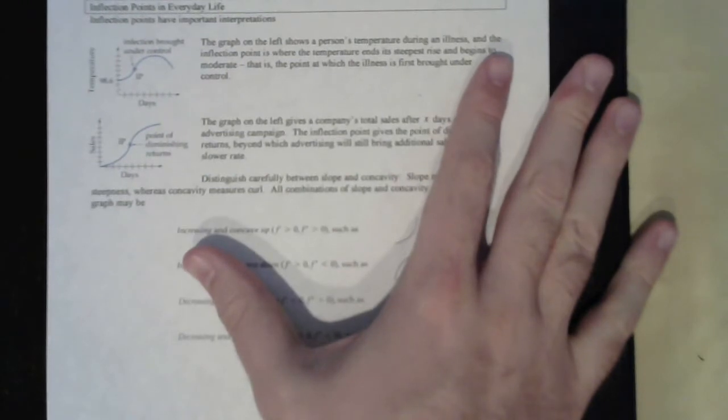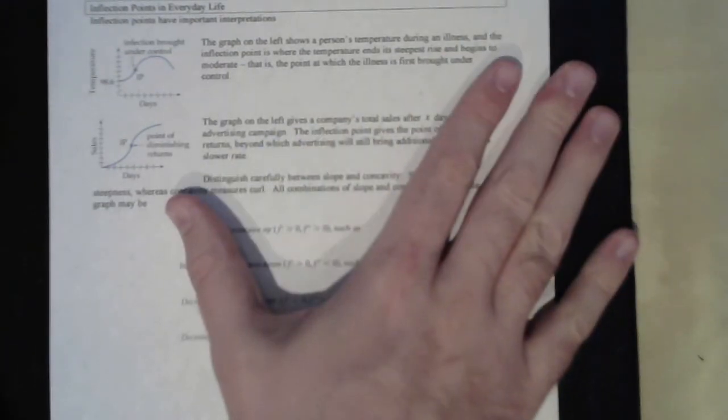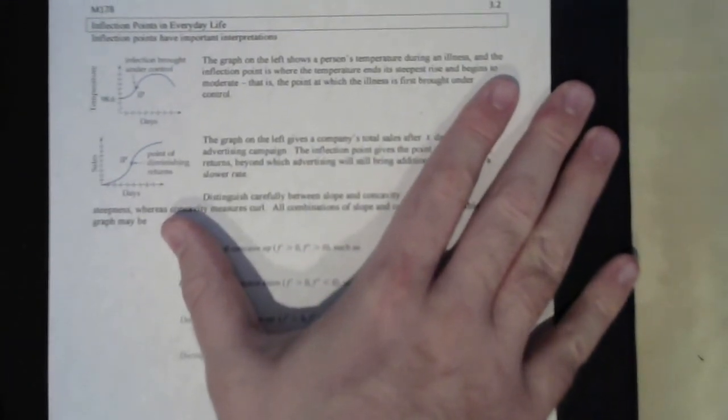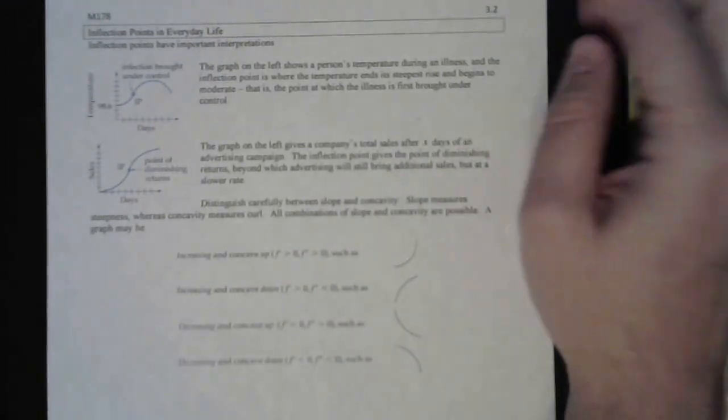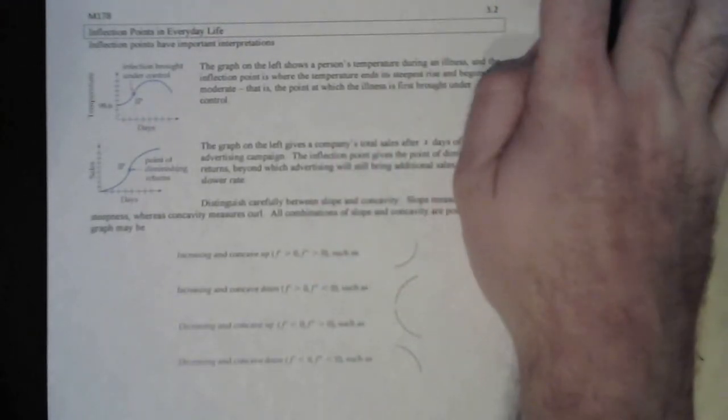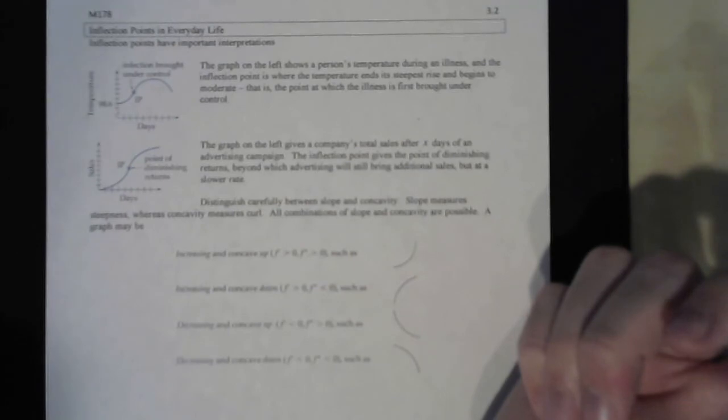You can see here this is infection, not to be confused with inflection, but it's based on temperature. And I know in the current climate of today, a little on the nose, but I made this packet way before this. So our inflection point is the temperature ends its steepest rise and begins to moderate, right?